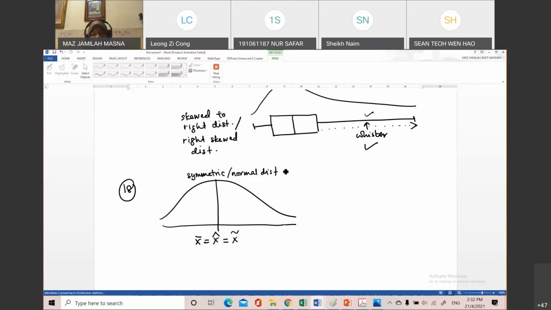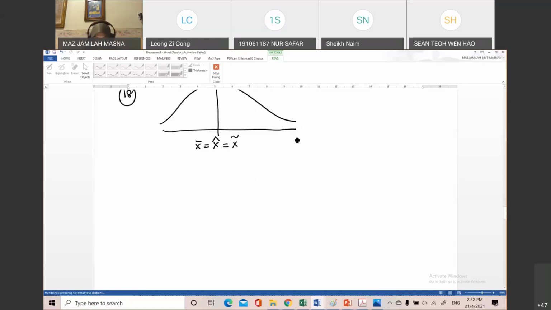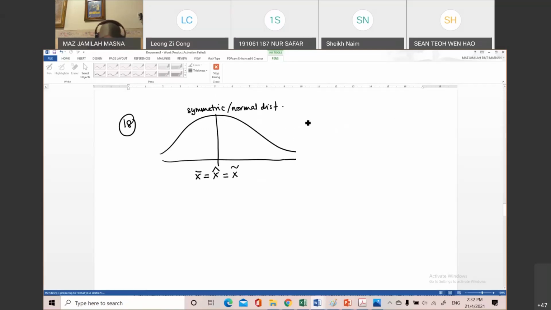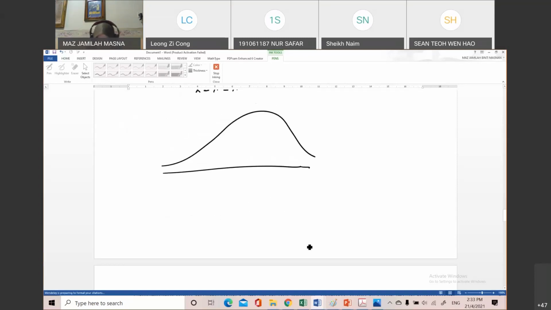So that is what we call normal distribution or symmetric distribution. Now, what about skewed distribution? When you have skewed distribution, for example, you have left skewed and you have right skewed.